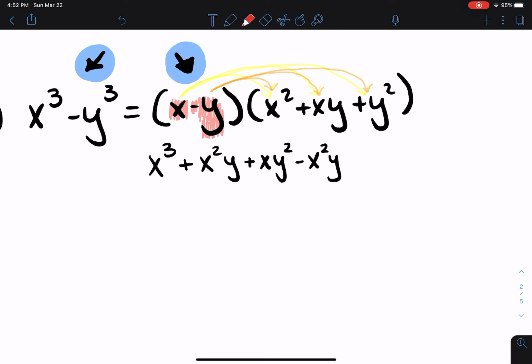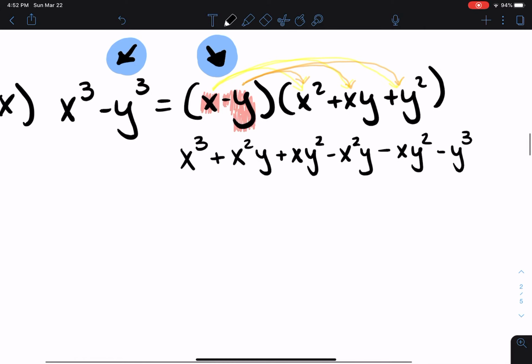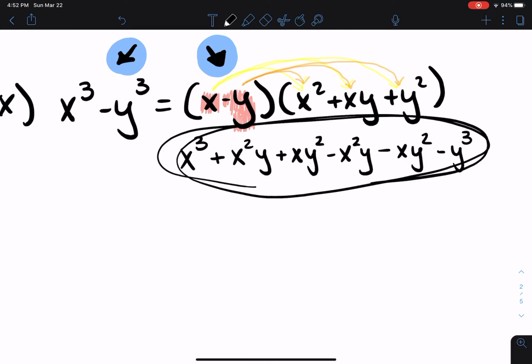Let me highlight that so you see where I'm looking. Here, right, is going to be negative XY squared, and then negative Y times Y squared is going to give me negative Y cubed. Okay, so we have this big old mess right here, but we're still saying that it's equal to this left side.